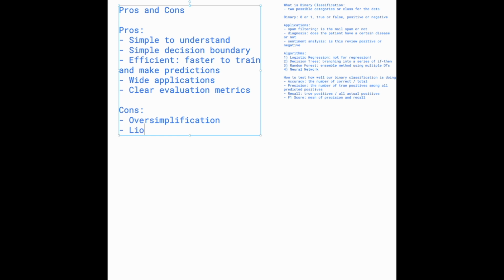And similar to the point above, we're limited to 2 classes. If we're categorizing species, we can't account for all the different types of species. We have to categorize them into 2 classes.